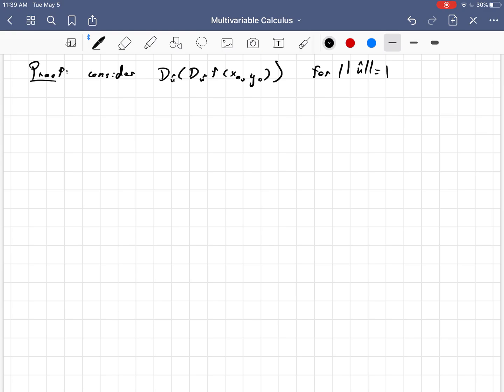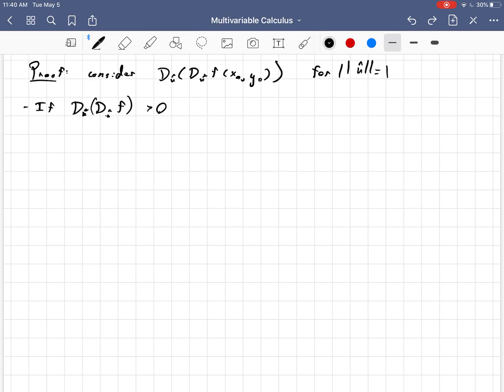And so what can we say about the directional derivative of the directional derivative? Well, there are three different cases. If d sub u of f is greater than 0 for the x naught y naught there, then we've got concave up in every situation, right?